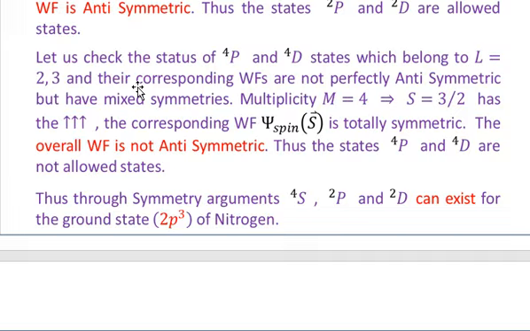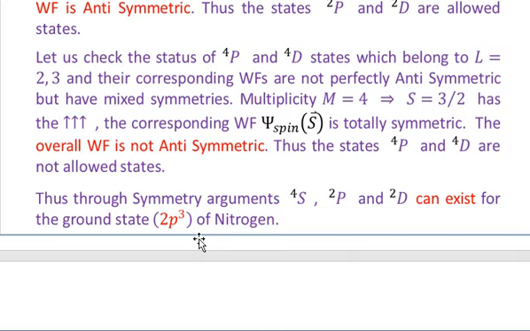So psi space has a mixed symmetry, whereas psi spin is a totally symmetric wave function. The overall wave function is not antisymmetric. Thus, the states 4P and 4D are not allowed states. So, through the symmetry arguments, we have found that 4S, 2P, and 2D can exist for the ground state 2p3 of the nitrogen.